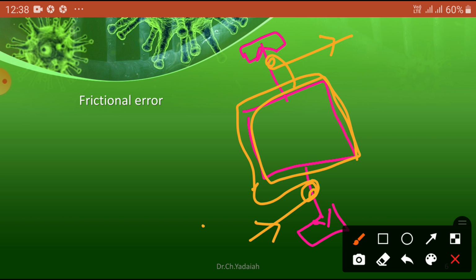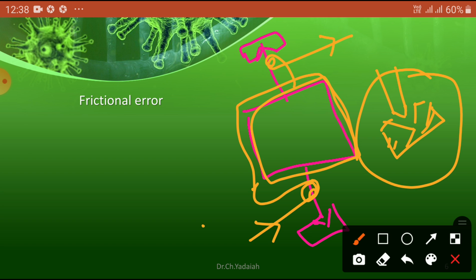Now what happens here? The spindle is placed in the pivot, which sits in the jewel bearings. In between them a frictional error takes place.